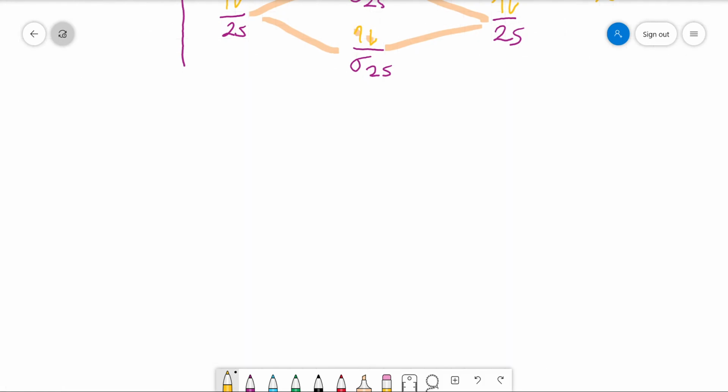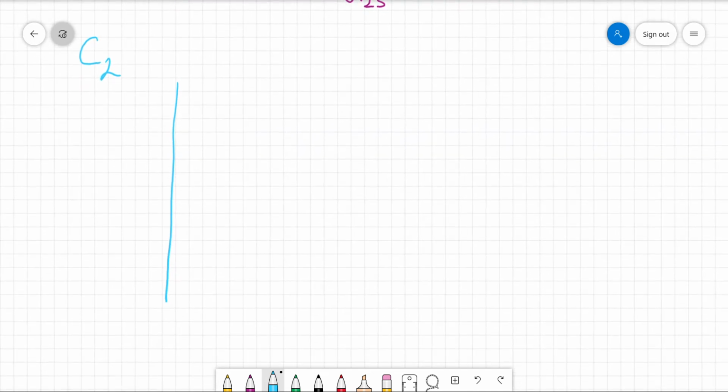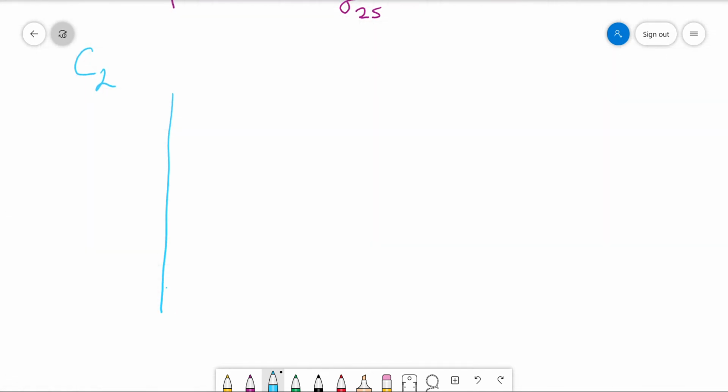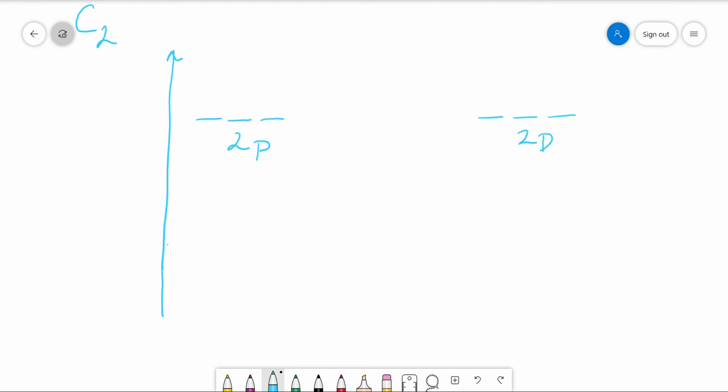We're going to do carbon and do C2. Let's make some more room, because as you saw, this takes up some room. Put in our 2p's, 2p, 2s, and 2s. Now everything falls out the same way.